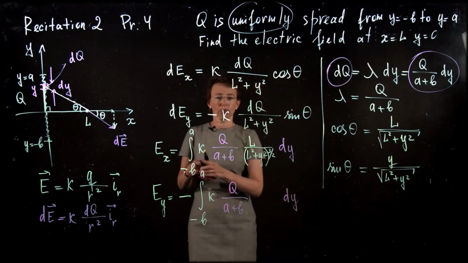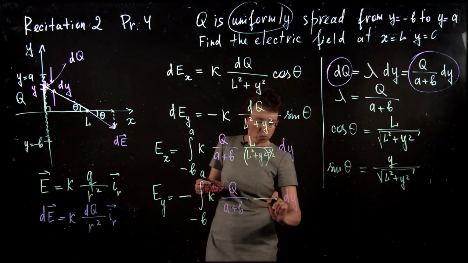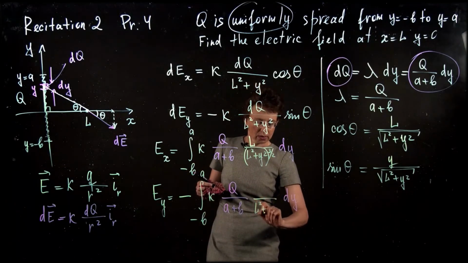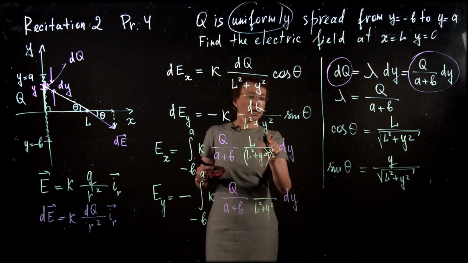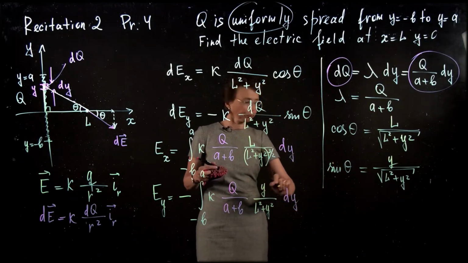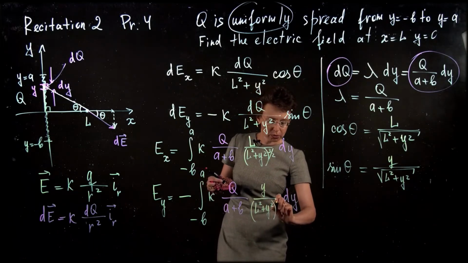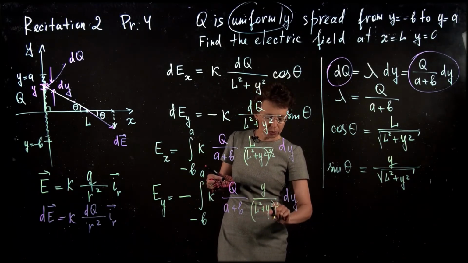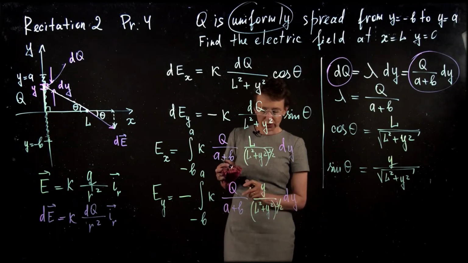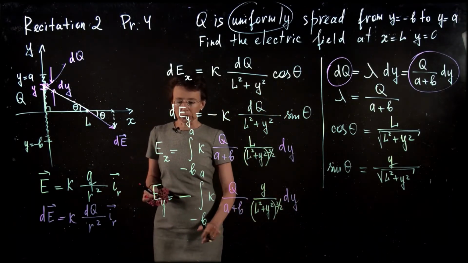And then for the rest of Ey, we have L squared plus y squared, and we have sine theta, which is y divided by the square root of L squared plus y squared, which will bring me to L squared plus y squared to the 3/2. And I will leave these integrals, we will not take them.